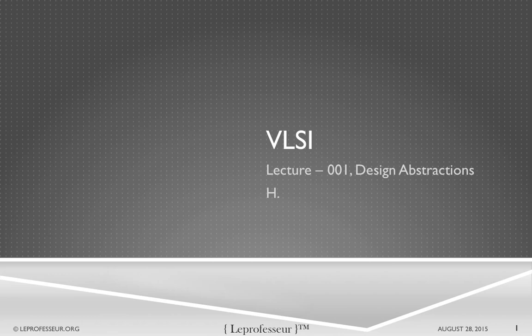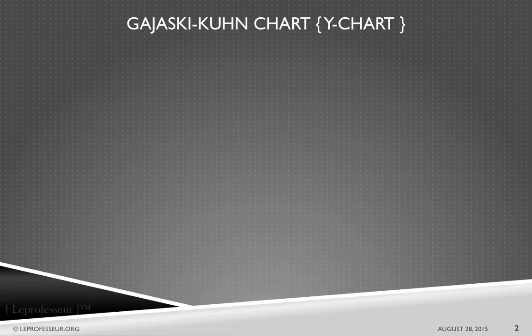In this lecture, I'm going to be discussing different design abstractions. Since we are talking about chip design, VLSI, semiconductors, it's very important that we know about different design levels or abstraction levels.